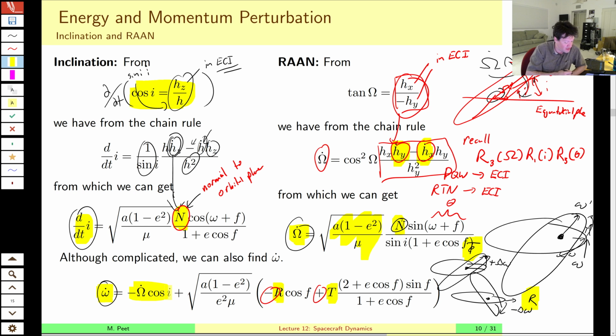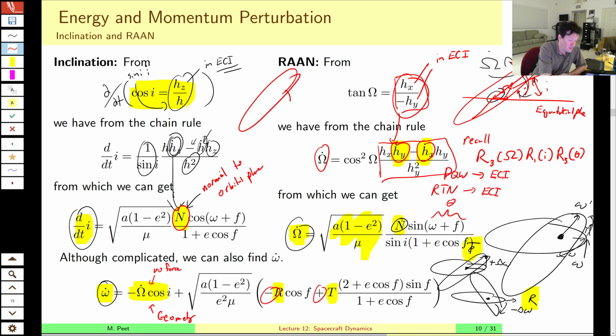There's also this non-trivial term with the precession of the argument of perigee coupled with the inclination, which is actually just a geometric thing. This is not a new perturbation. You notice there are no forces here. This is just a result of geometry. So you've got your orbital plane here.